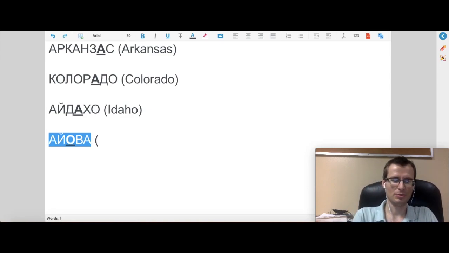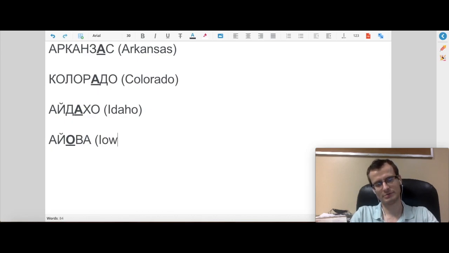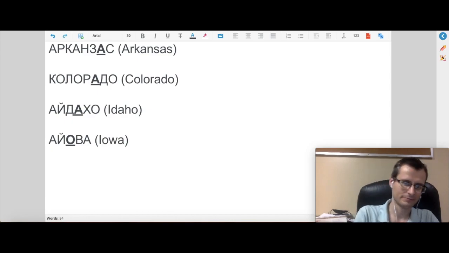Well, it's probably helpful to know that Russian does not have the W sound, and usually when there's a word with a W that we need to say in Russian, we replace the W sound with V. So instead of Iowa, we say Iowa, which of course is Iowa. Okay, cool.